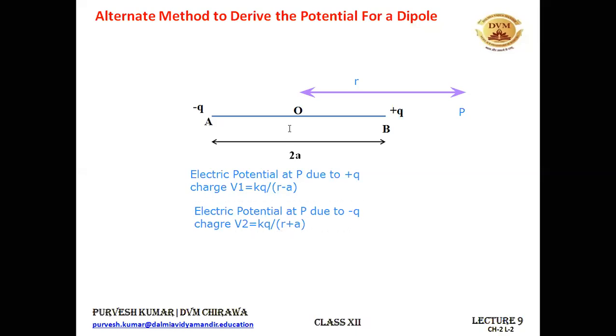Also, you need to find the electric potential at an equatorial point, and that has to be 0. So the equatorial point will be somewhere over here. You can see it. If we need to take the equatorial point, it will be somewhere over this perpendicular bisector line. All right, like this.